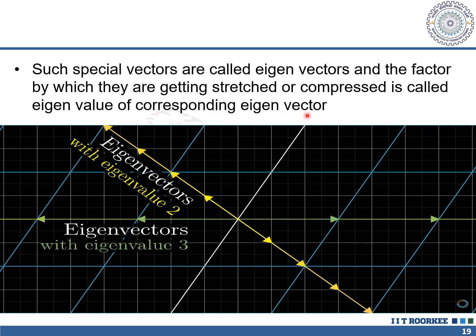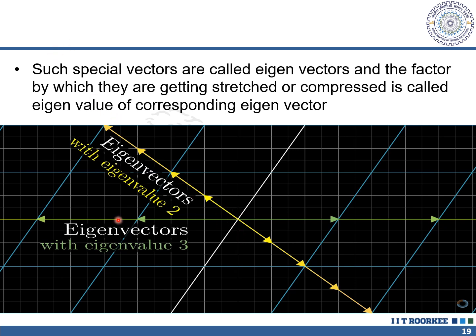of the corresponding eigenvector. The vectors which don't change direction by applying the linear transformation are called eigenvectors, and the value by which they get stretched or compressed is the eigenvalue. Here are the eigenvectors with eigenvalue 2, which means when you apply the linear transformation to any vector in this direction, it will get stretched by 2 times.